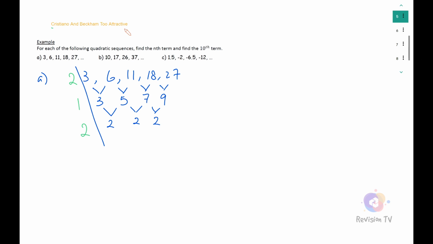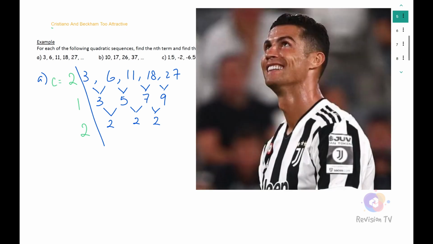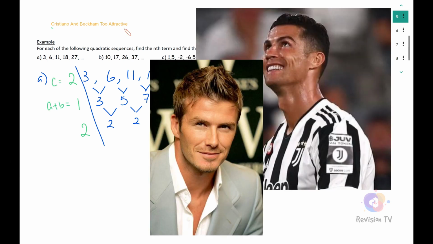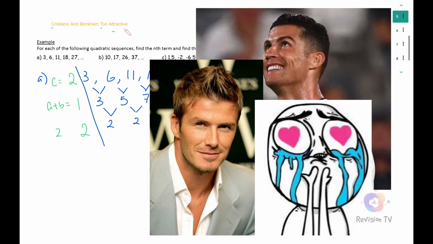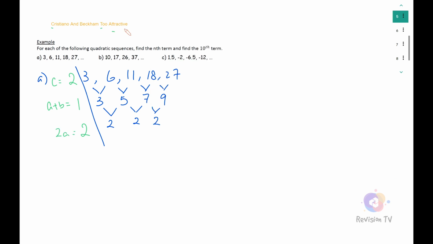Next, Cristiano, C, and Beckham, A plus B, too attractive, 2A, equal. So from here, we know C equals 2. Now 2A equals 2, so A must be 1. If A is 1, 1 plus something is 1, so B must be 0.